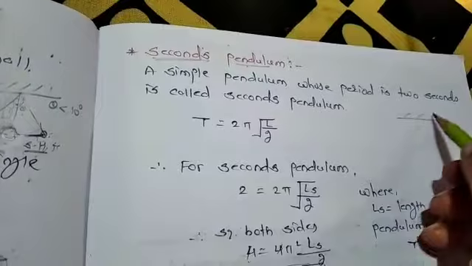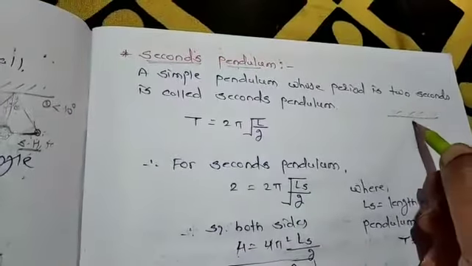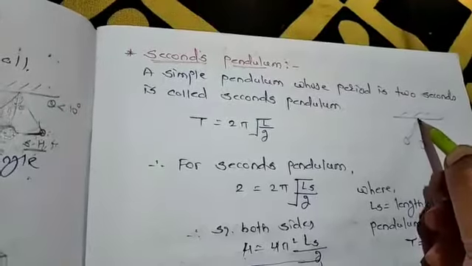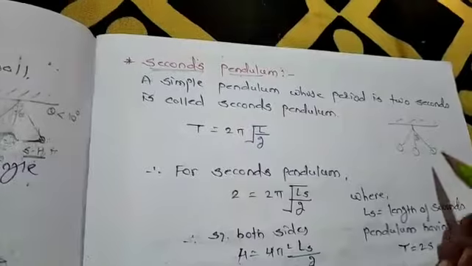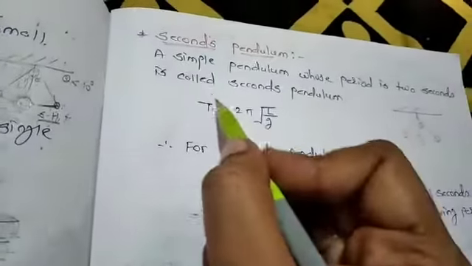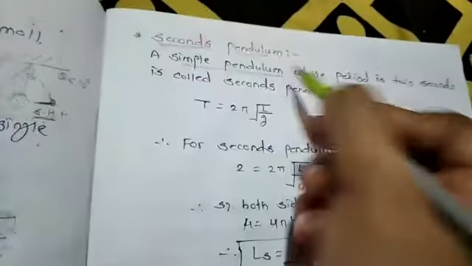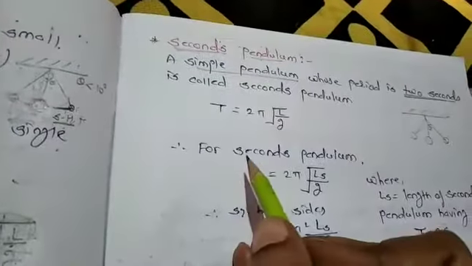Again the same assembly is there, a bob is moving to and fro about the mean position, and this is the amplitude of oscillation, theta. The only difference is that it is a simple pendulum whose period is 2 seconds. That is called the seconds pendulum.